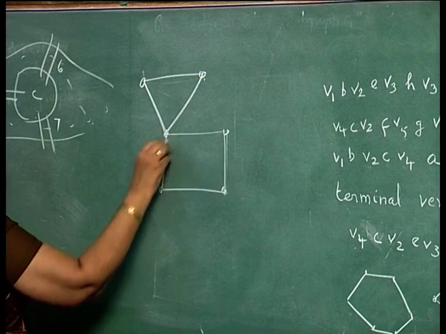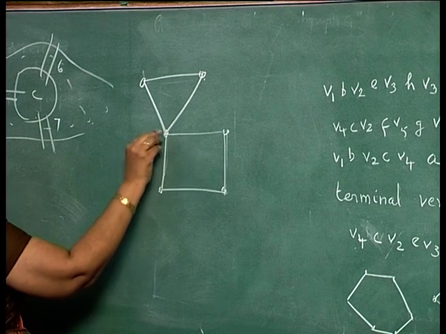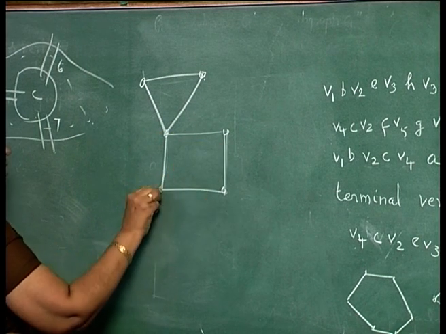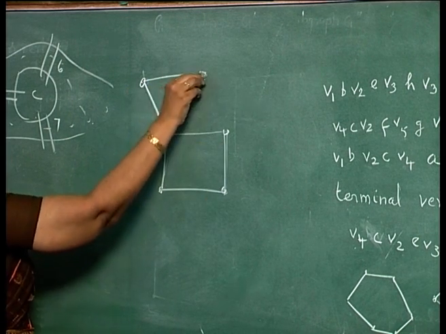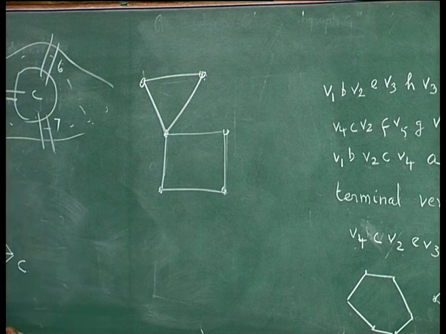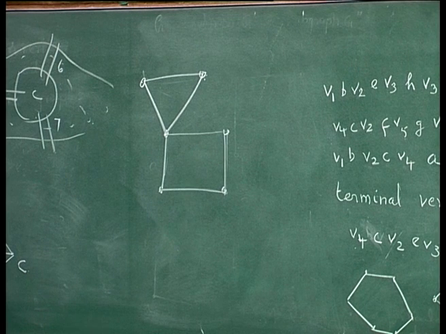See, this is a simple circuit. Start from here, you can traverse like this, you can traverse like this. So, you will have a closed walk which covers all the edges in this graph. So, that is an Euler graph. In this case, you cannot do that. So, this is not an Euler graph.